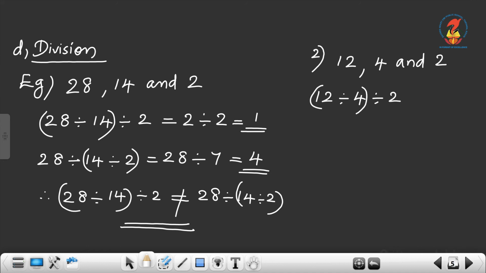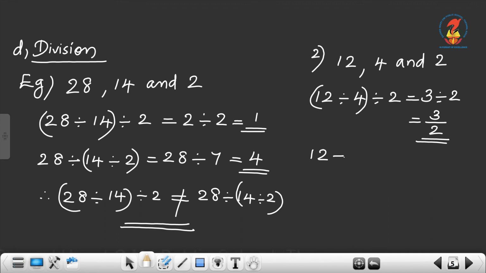First we have to consider 12 divided by 4. What is 12 divided by 4? 3. Then 3 divided by 2. So, what is the answer? You will get it as 3 by 2.